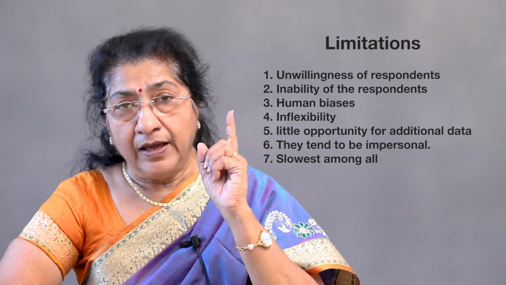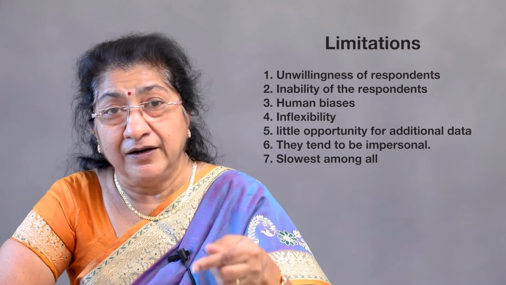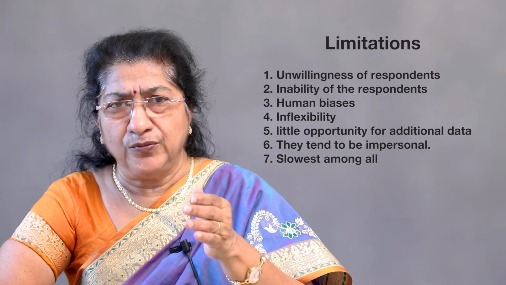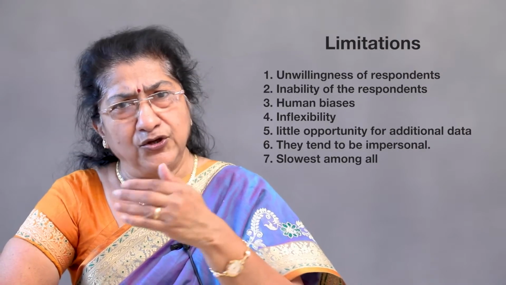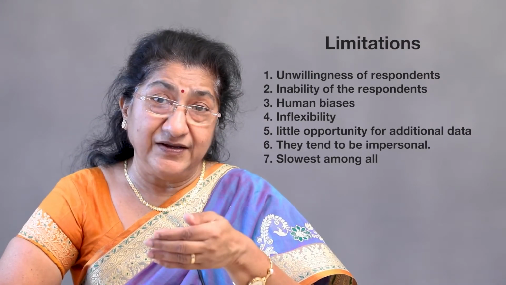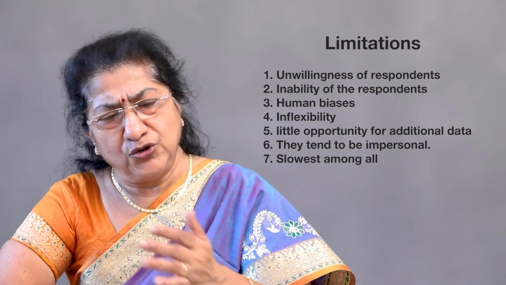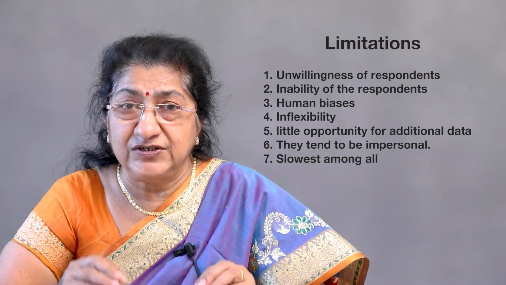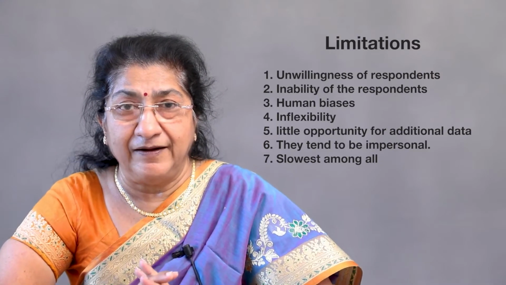Then many times respondents are unable to answer the questions. In that case, what can you do? If you enter the field by yourself, then you can explain it. So this way you can avoid this limitation. Human bias is also there up to some extent, but you can avoid it. And the main thing is inflexibility. The questionnaire method is inflexible because it is already planned.